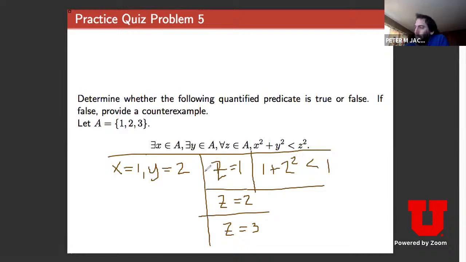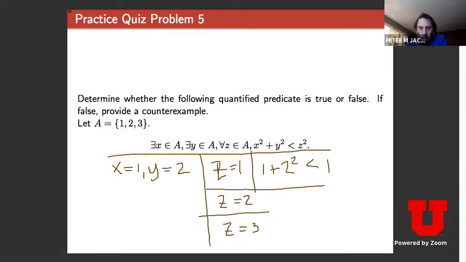Maybe z equals 1 is the problem term. This is just one line of problem solving that we could do. So let's try another pair of x and y values and see if it works for z equal to 1.